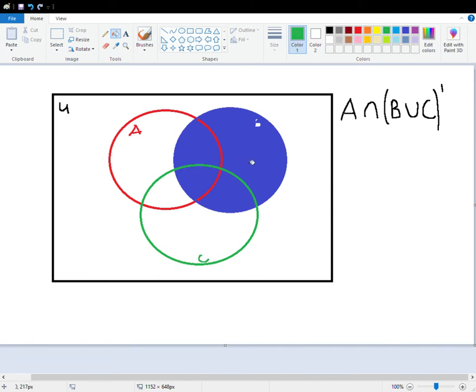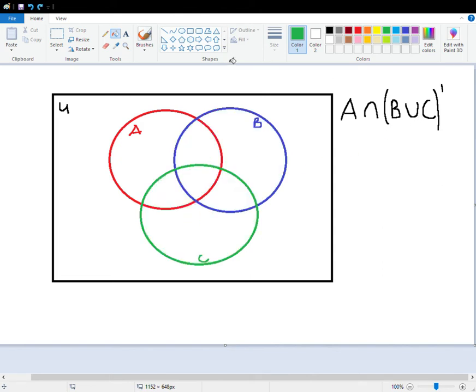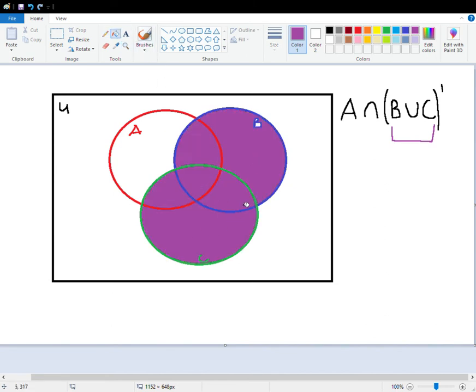And we'll shade in C. We'll make this a new color actually. Let's say purple will be our region of B or C. So this is our region right here, B or C. This is whatever is in the parentheses.